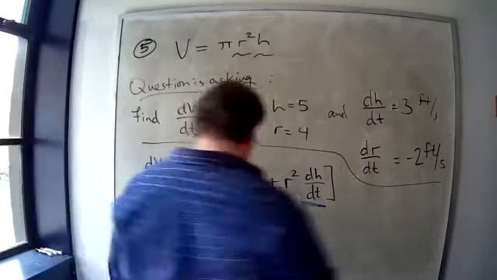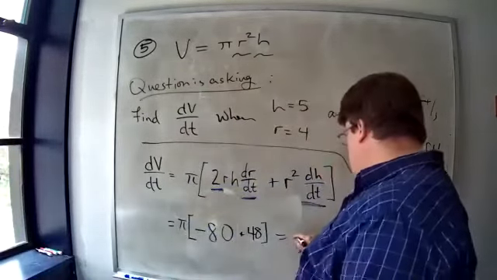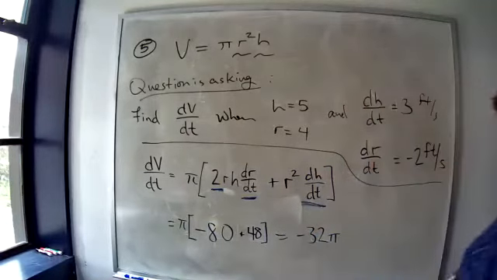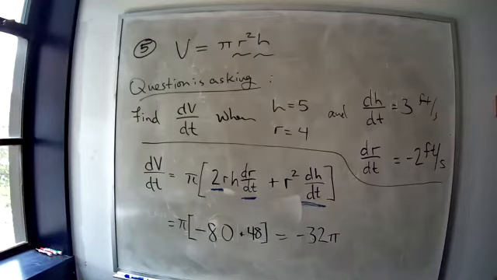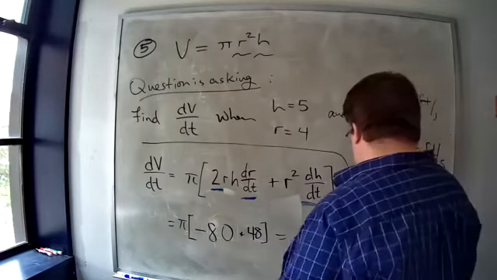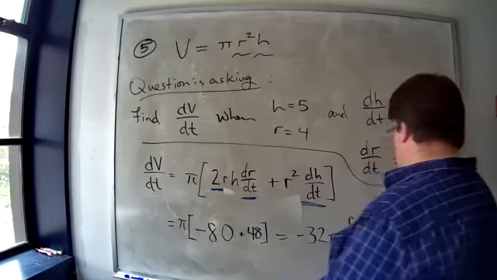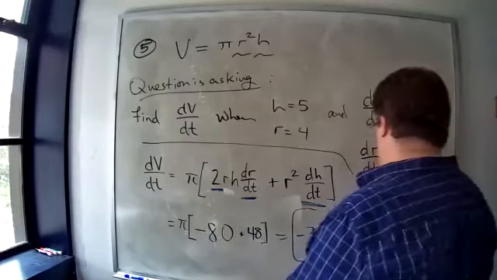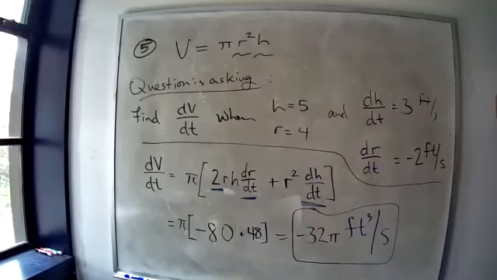And then 48 and -80 make a -32. And the pi still carries along, so we get -32 pi. Volume, so we have cubic units, feet cubed per second. So any questions about number 5?